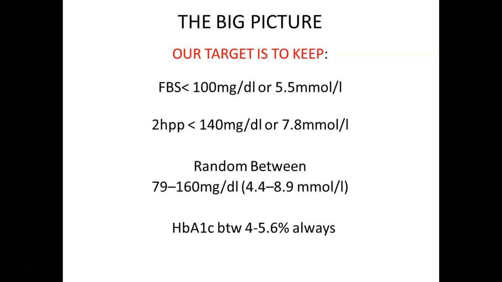Then for your random blood sugar, we want to keep it between 79 to 160 milligram per dL. That's done randomly, irrespective of when you hit. So we don't want the random blood sugar to go beyond this. And for hemoglobin A1C, glycosylated hemoglobin, we want to keep it between 4 to 5.6 always.